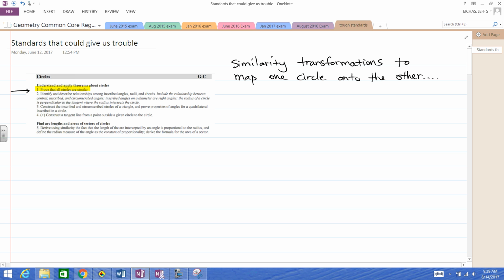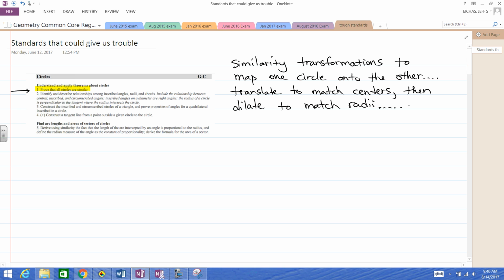We translated, then we dilated. Translate to match centers, then dilate to match radius or size. If you can do that and then talk through it, that is one way to prove that circles are similar.